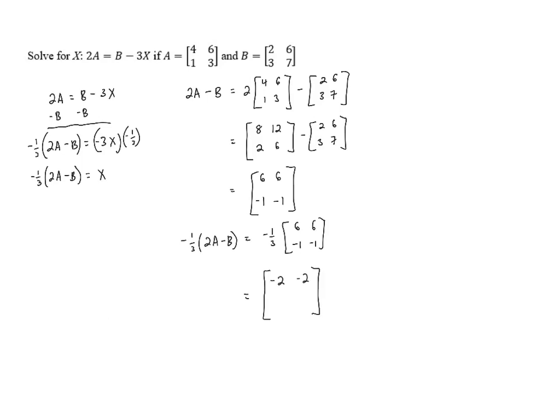So the entries in the first row will be negative 2. And then in the second row, we know a negative times a negative is a positive, so we end up with positive 1/3 for each of those. So the result here for x is that x is the 2 by 2 matrix with entries negative 2, negative 2, 1/3, and 1/3.